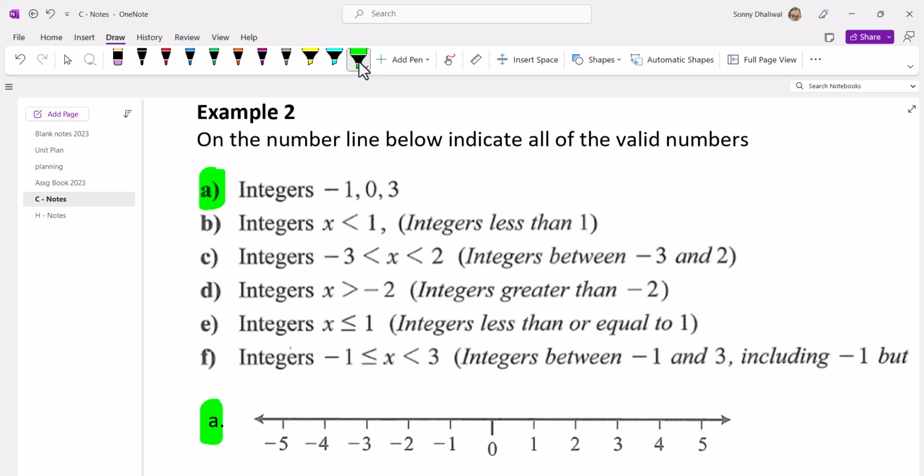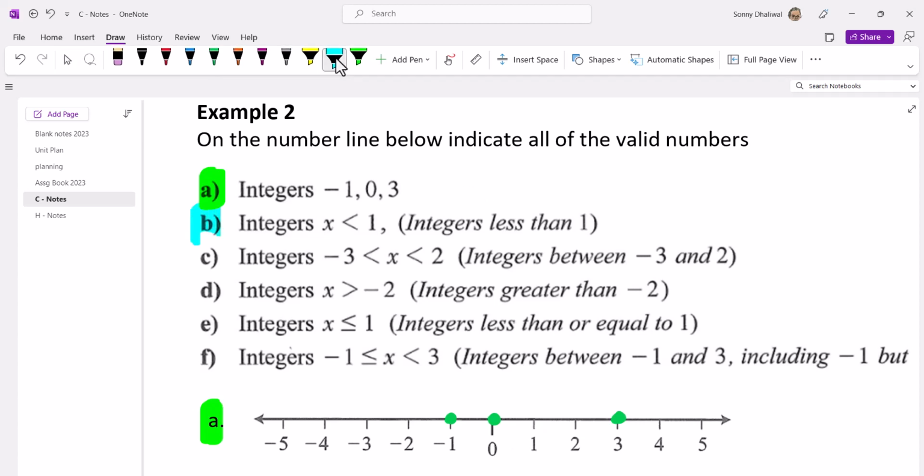So that one's easy. So where it says A, we put a dot here at -1. We put a dot at 0. We put a dot at 3. So that means, out of all the numbers that exist in the universe, the only ones we're concerned with are these ones here. That's it.